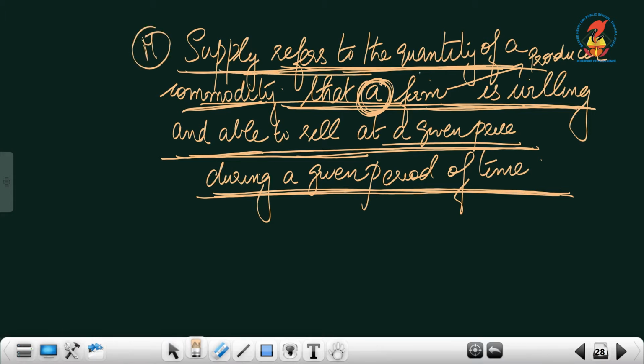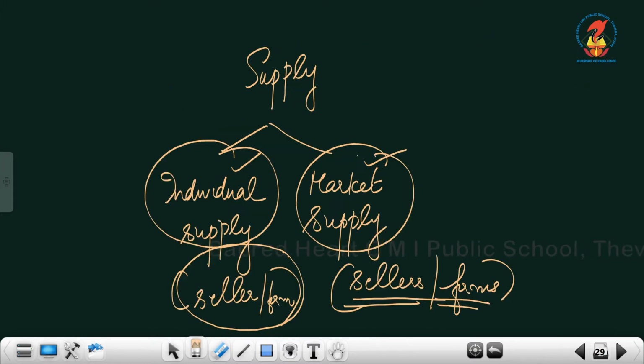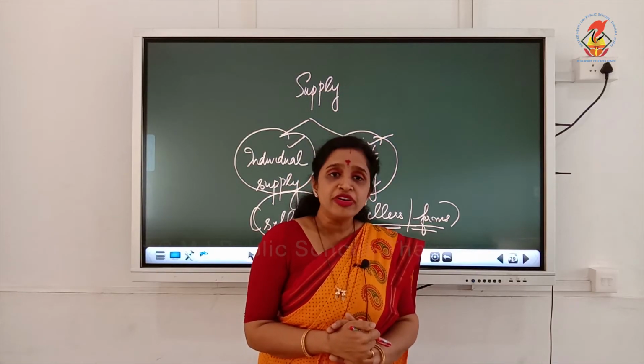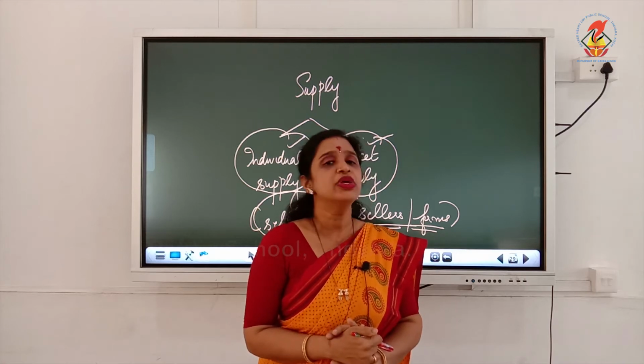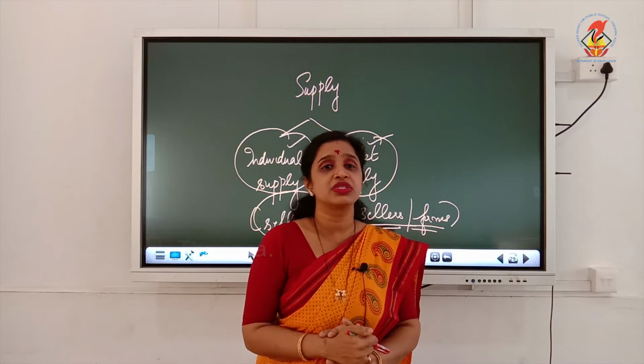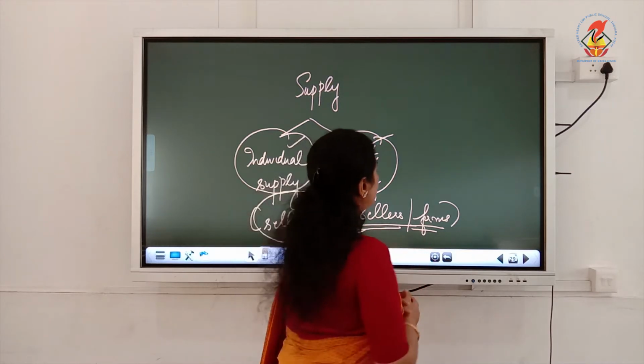Market supply refers to the quantity of a commodity that the firms or producers or sellers are willing and able to sell at a given price during a given period of time. That is the only difference between market supply and individual supply. In individual supply, it is only one firm or seller or producer, whereas in market supply, it is firms, producers or sellers.